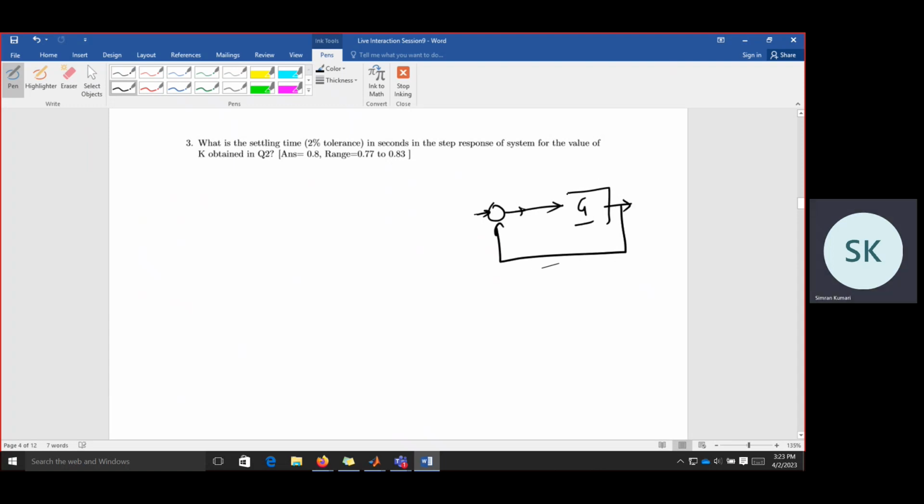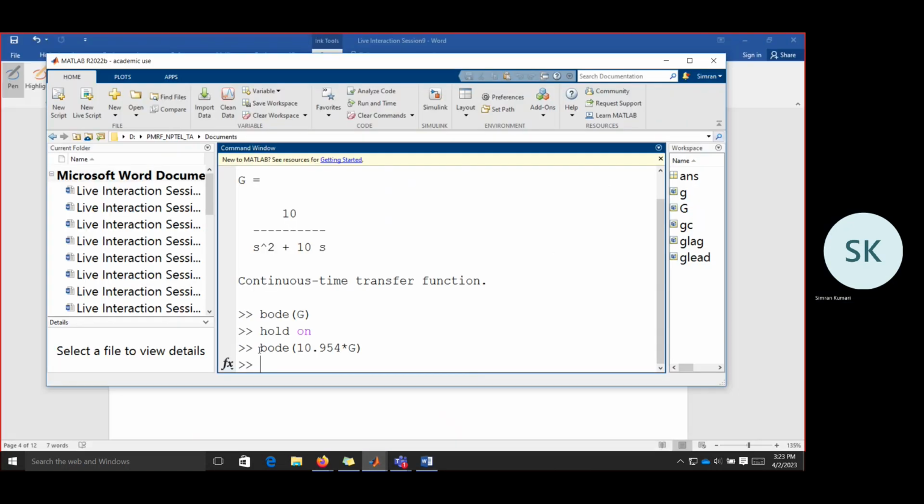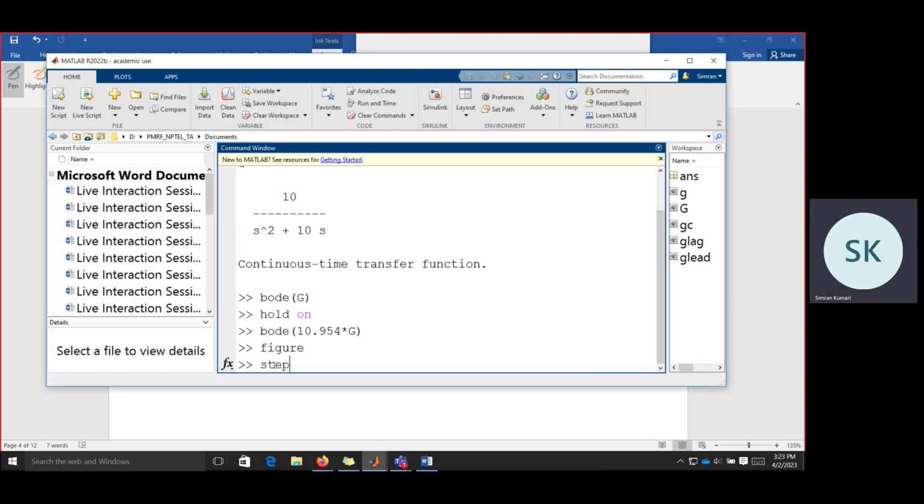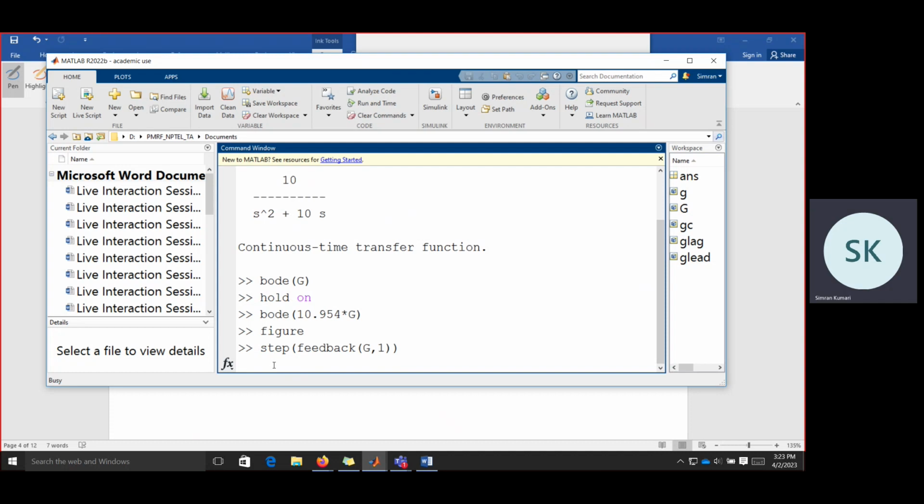So for this closed loop system, we can see what is the step response. Let us open a figure window, and then we'll have a step. It shows the step response of the feedback system, with forward transfer function G, and feedback is unity.